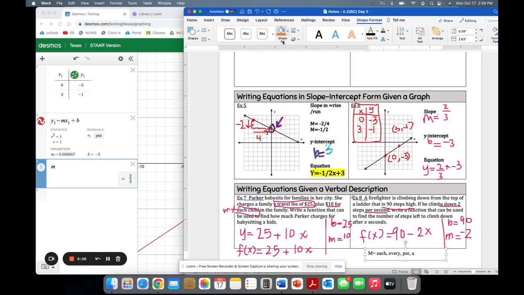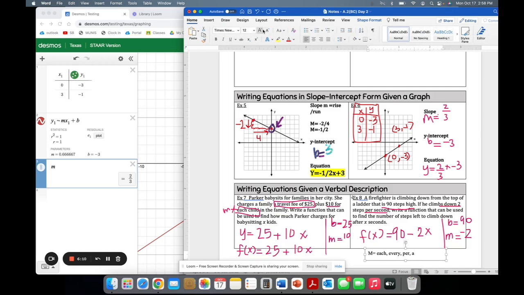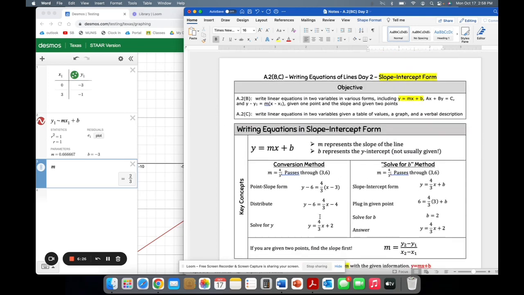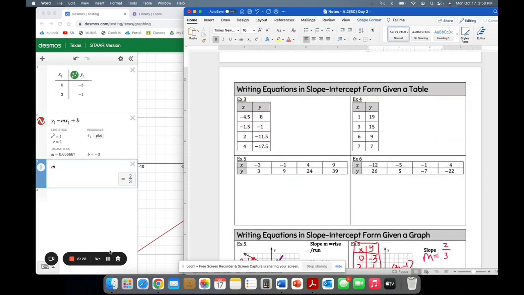These are the keywords that go with the slope. So if you see these words in your word problem, then that's your clue that this is where my slope, or mx, is. Okay, so go ahead, finish the remaining questions on your notes and finish every problem on this sheet.